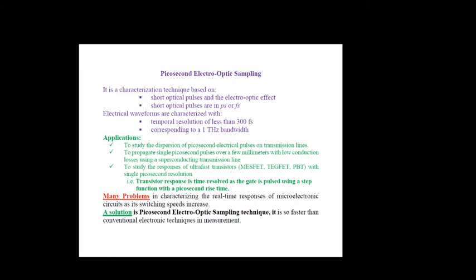Here the short optical pulses are in picoseconds or femtoseconds and are used for characterizing the signals, which here are electrical signals. With this technique, electrical waveforms have been characterized with a temporal resolution of less than 300 femtoseconds, corresponding to a 1 terahertz bandwidth.